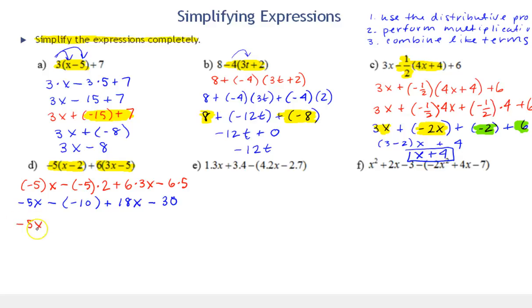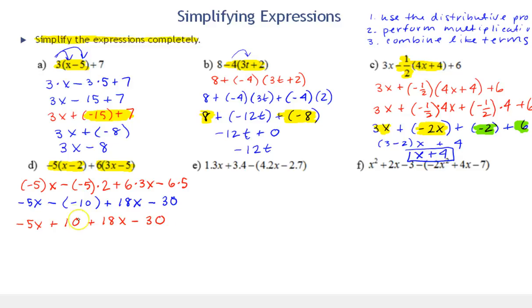So -5x, subtracting a negative is the same as adding a positive. So minus -10 is the same as plus 10. Then we have plus 18x and minus 30.